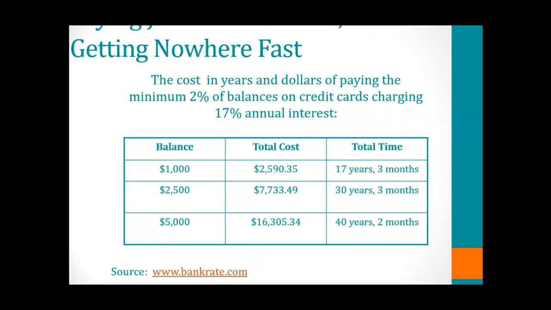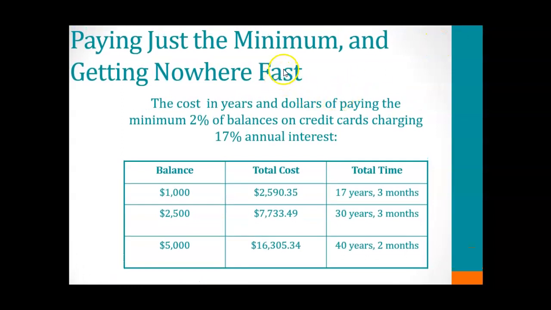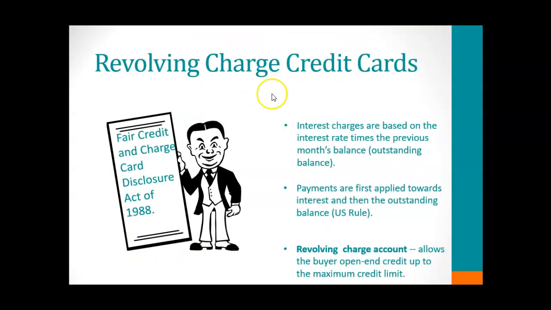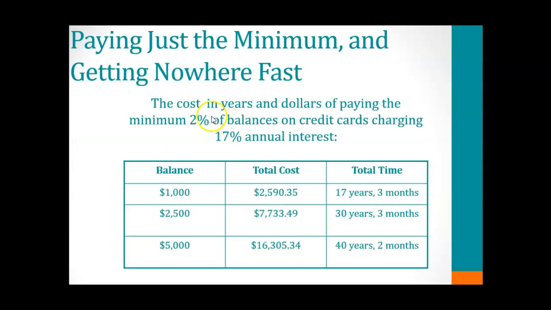Now, when it is time for you to make a credit card payment, the minimum balance that you have to pay on average is going to be 2% of your outstanding balance. You're saying, yeah, that's not a problem. I can pay that 2% every month. But if you're paying the minimum balance of 2% on a credit card that charges 17% annual interest, look how long it would take you to pay off that credit card.